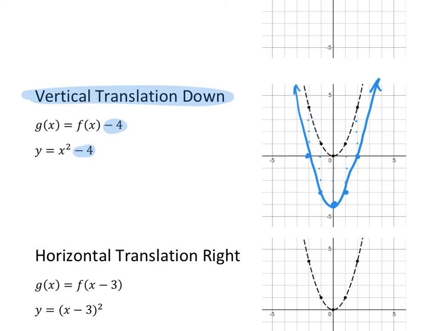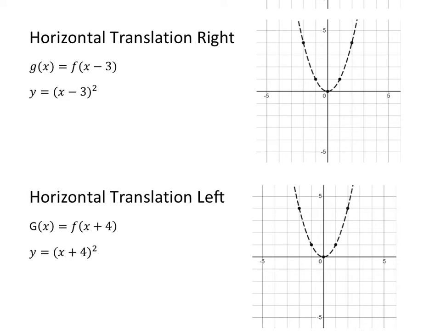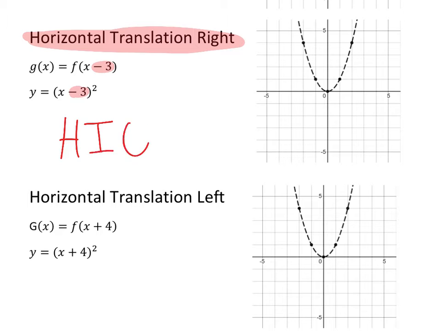Now let's go left and right. Horizontal translations are to the left and to the right, but remember they are kind of misleading because to go to the right, which is typically a positive direction, we're actually going to subtract numbers on the inside. Because remember, horizontal is inside and opposite, which means a minus goes to the right.